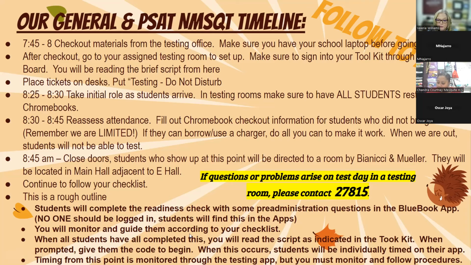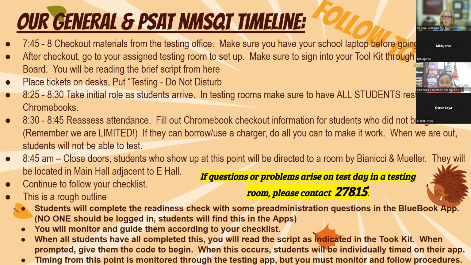Now, when all the students have completed, once you've got them ready to start or initial start, there's a thing that we're going to do, and it's called a readiness check. And that's before you give them the code to start the test. What that does is there's some pre-administration things. It takes 5 to 7 minutes, but it will even be on the checklist, and we'll say, skip that part, or this is optional, like we have in the past.